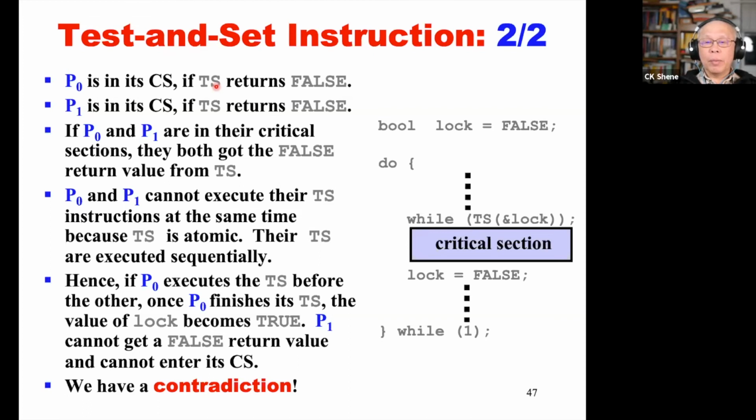So that means these processes would not be able to get false return at the same time. So as you can see, TS, as an atomic instruction, guarantees mutual exclusion very, very easily. So before we continue, please make sure you understand how mutual exclusion implemented by TS in this way holds completely. Please pause.